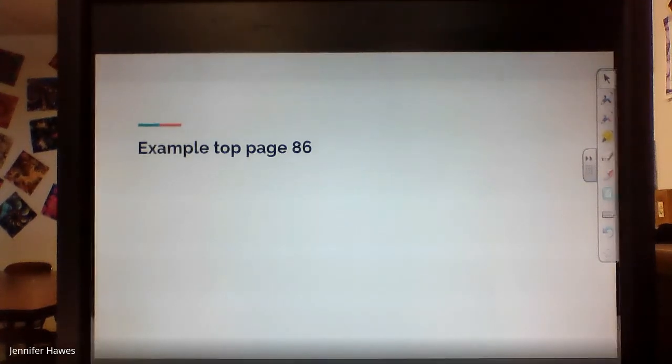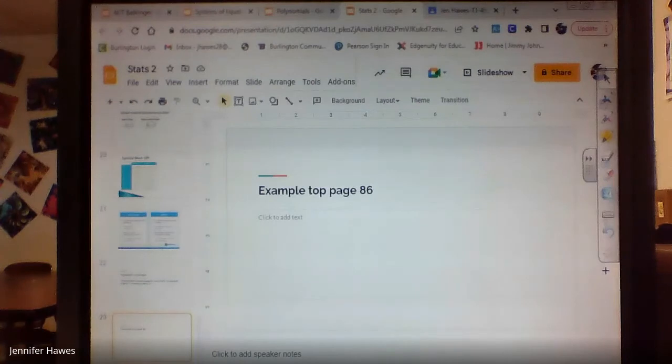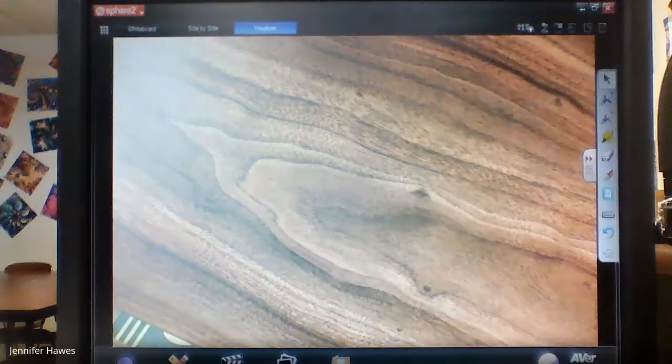Okay, so Adam, who is not here, top of page 86, we're going to find the variance and standard deviation of these numbers.